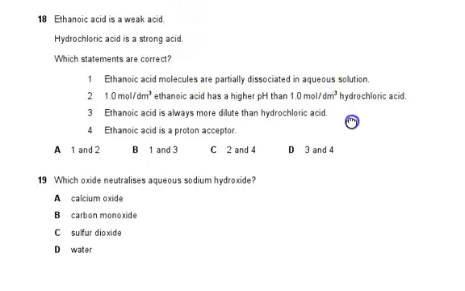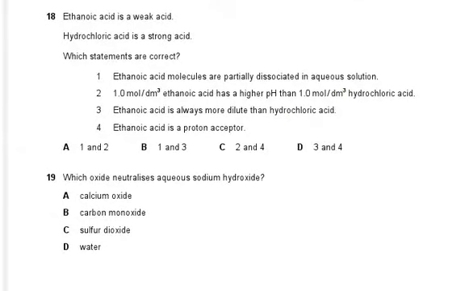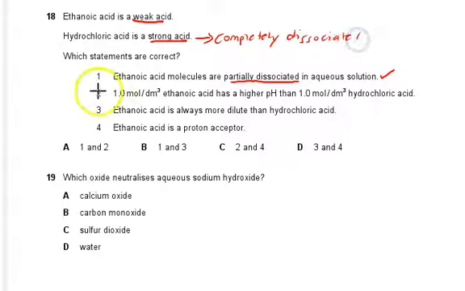Okay, for number 18, ethanoic acid is a weak acid. Hydrochloric acid is a strong acid. Ethanoic acid molecules are partially dissociated in aqueous solution. This is correct. For strong acid, they are completely dissociated. So there's a difference between a strong acid and a weak acid. One molar ethanoic acid has a higher pH than one molar hydrochloric acid.